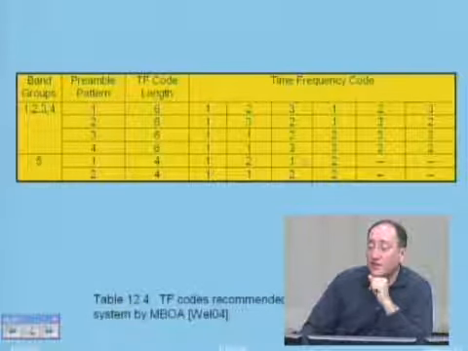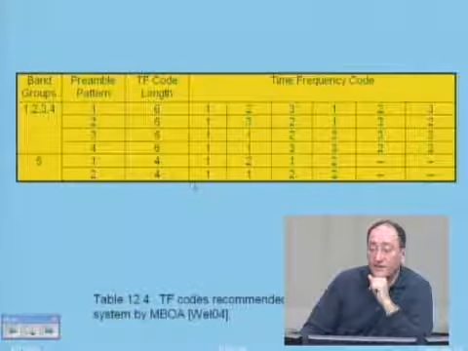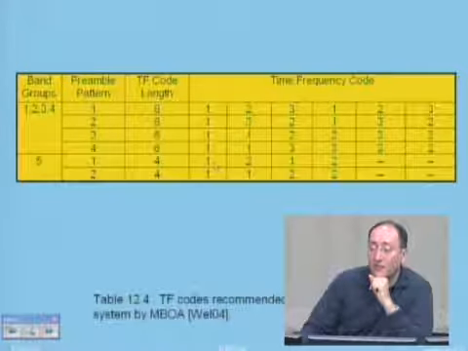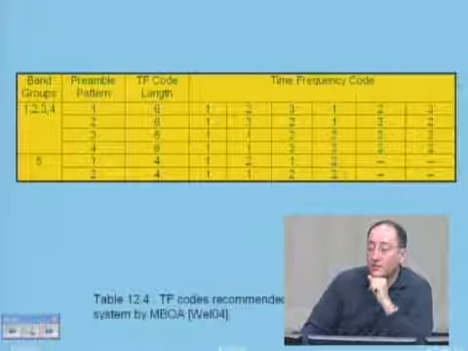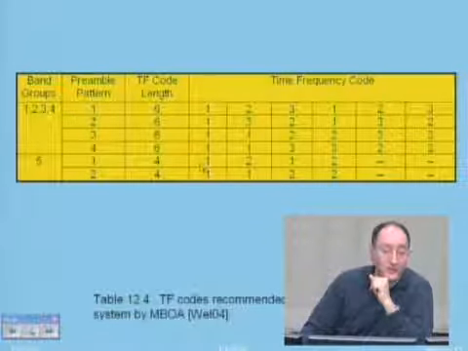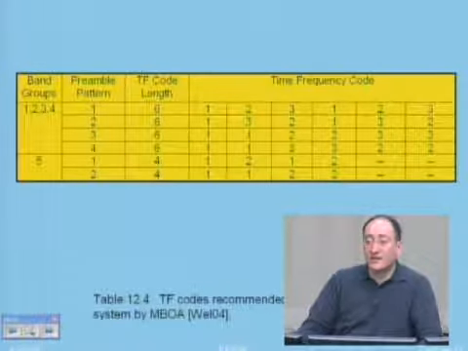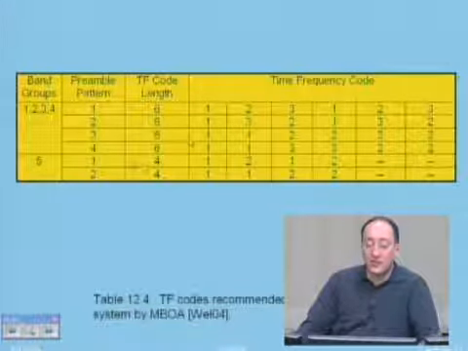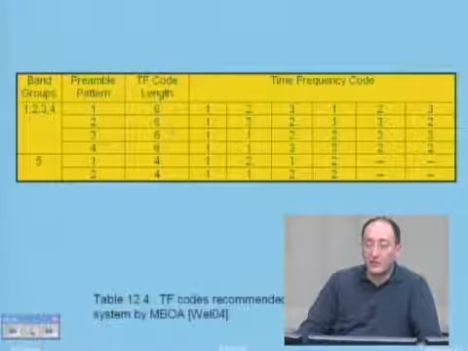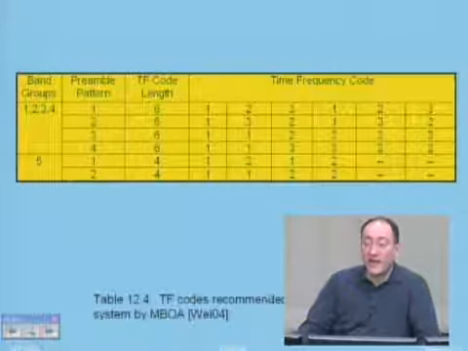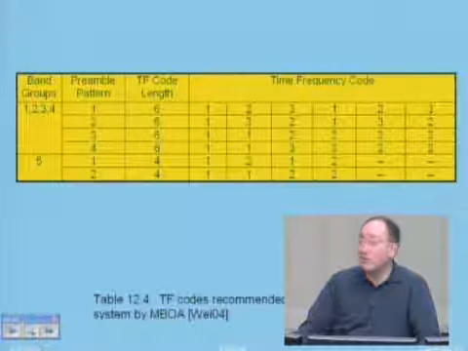Either it's 1, 2, 1, 2, and nothing after that, or it's 1, 1, 2, 2. Again, I see that I have 2 hits between the 2 symbols. So more or less that's the type of codes which are used for time frequency multiple access in multi-band OFDM systems.